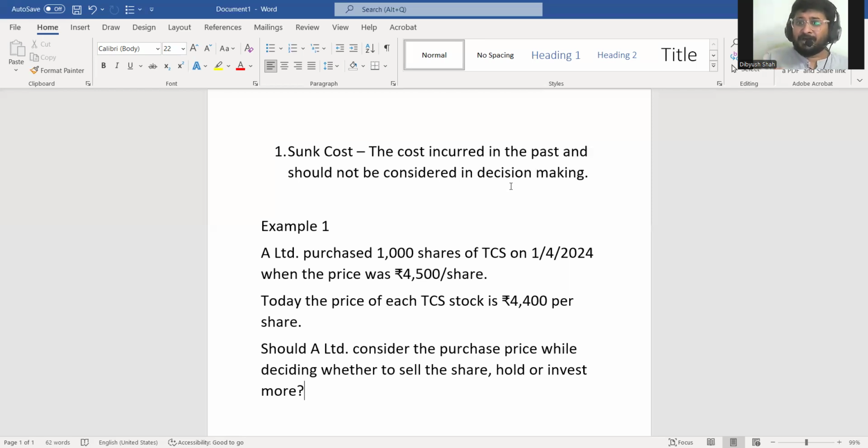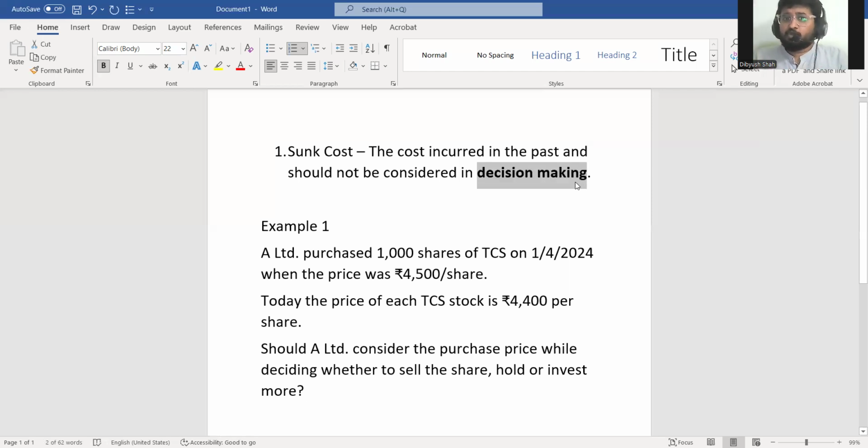So sunk cost, that is why we say that these are relevant and irrelevant costs for decision making. The concept of relevant and irrelevant cost is not for accounts. It is for making a decision. So sunk cost should be ignored because the amount is already paid in the past, and no matter what decision you take today, you will not be able to change your past.